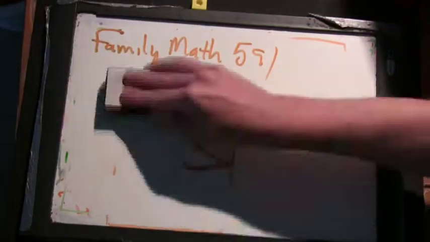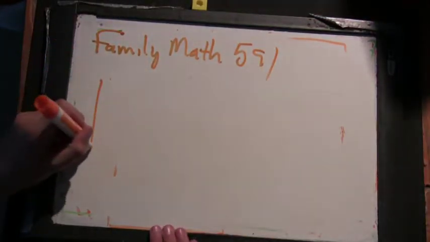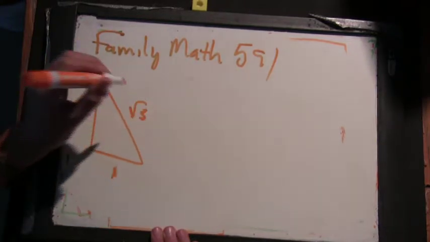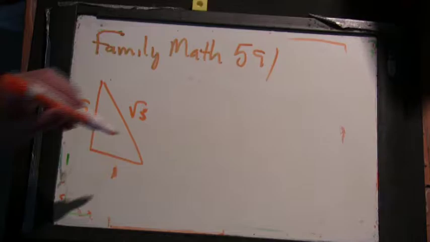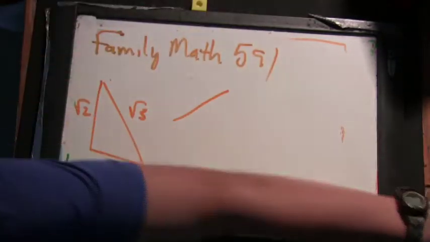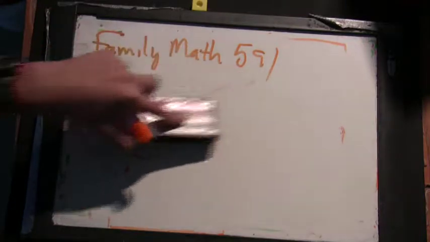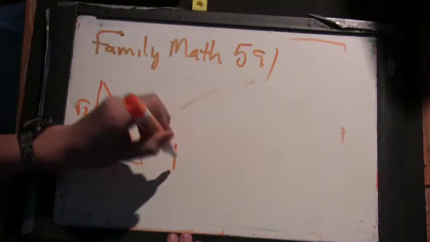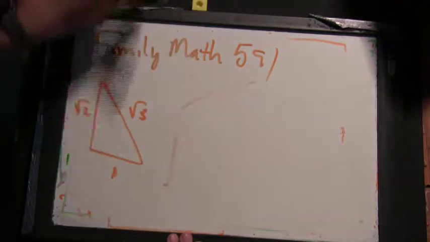So why don't you just draw it? So now you've made this triangle, 1, root 2, root 3. And now it's going to be interesting if I can draw it.